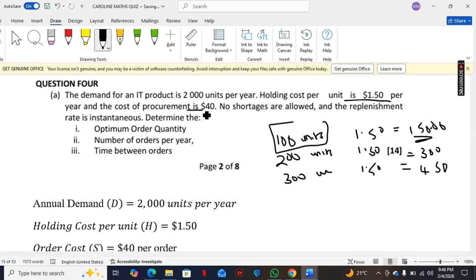The cost of procurement is $40. So my order cost is the number of orders multiplied by the order cost.